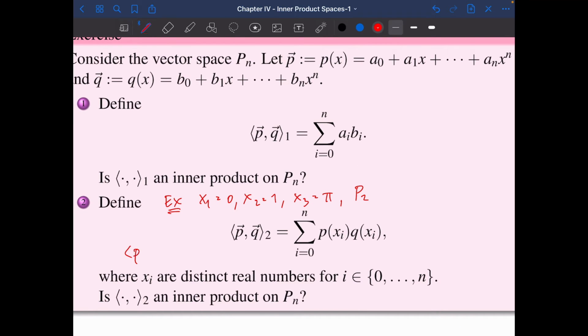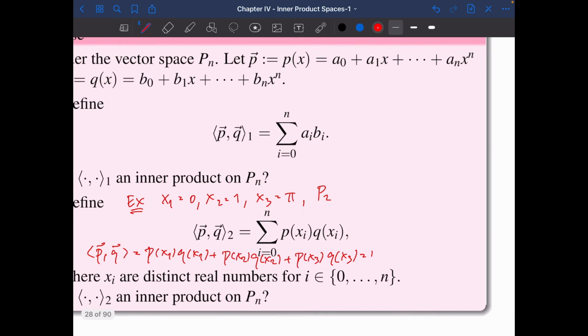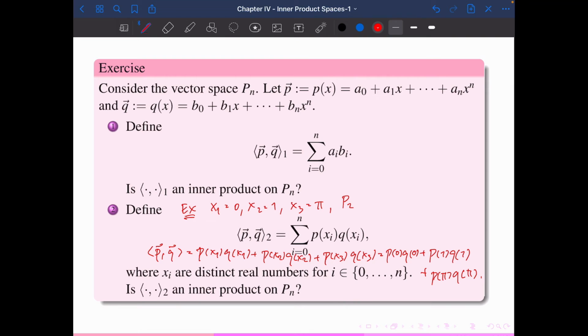So the inner product of P and Q is P(x1)Q(x1) plus P(x2)Q(x2) plus P(x3)Q(x3), which is P(0)Q(0) plus P(1)Q(1) plus P(pi)Q(pi), like this. Okay, so this is an example of this function.